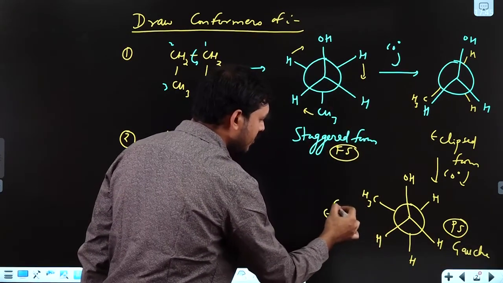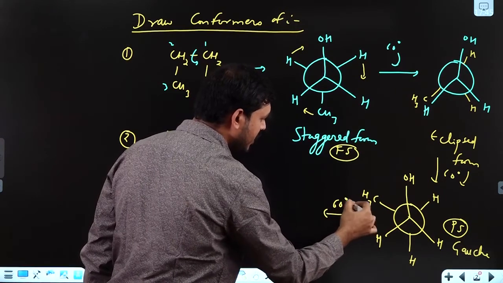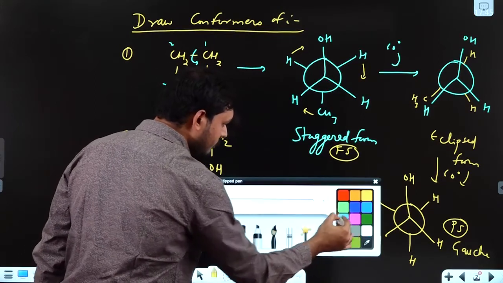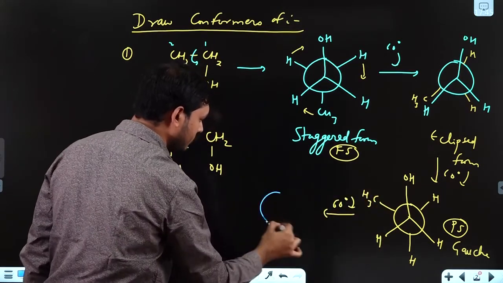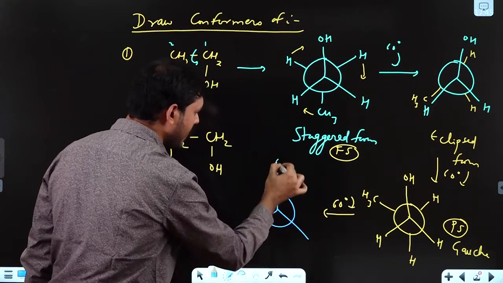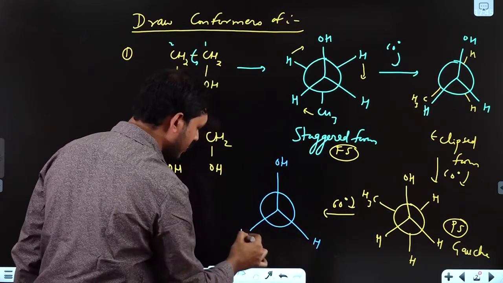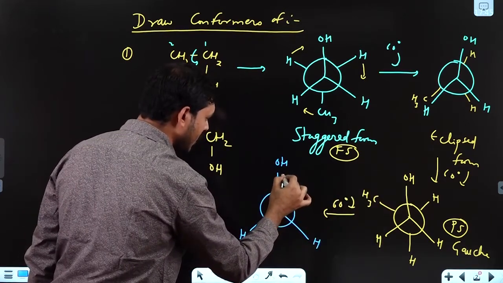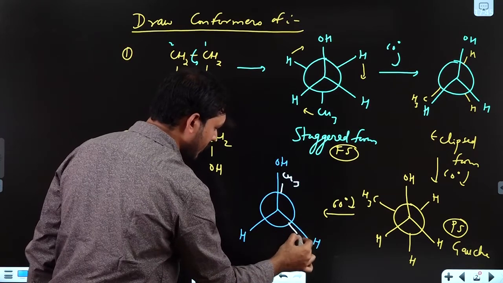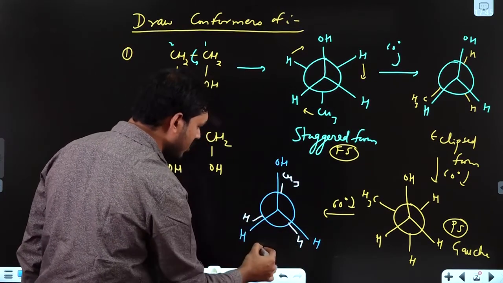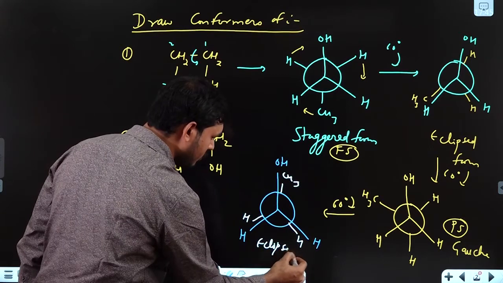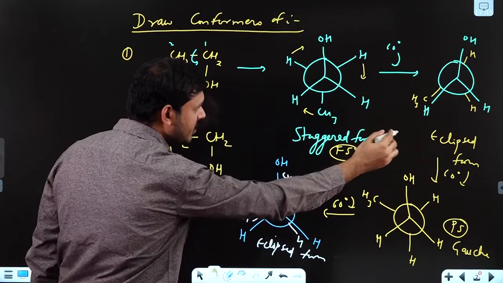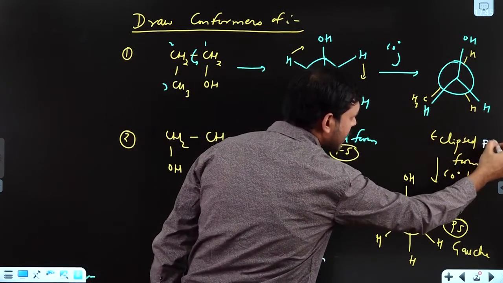Again rotate it by 60 degrees, the same clockwise, keeping the front as it is, and you will get this, CH3, H. This is also an eclipsed form, but it is partially eclipsed.